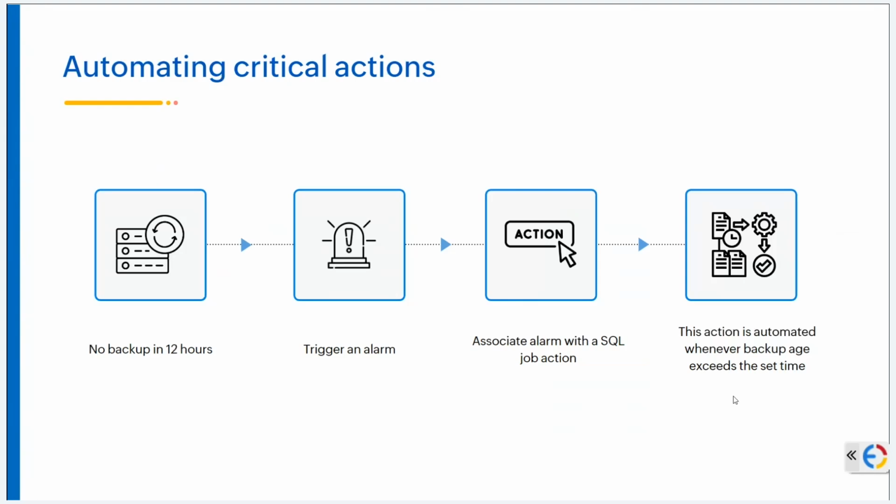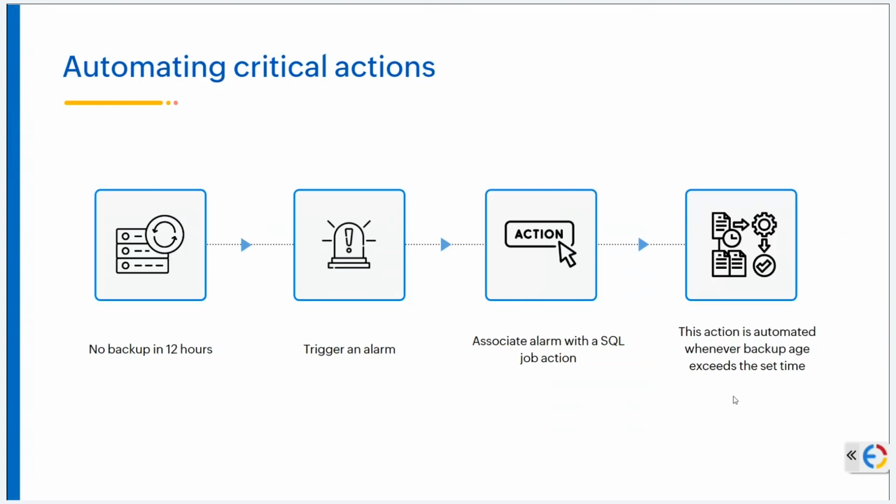So it has automated monitoring. Applications Manager continuously monitors your MS SQL server, which keeps a watchful eye on the backup process. You can also create a custom script within Applications Manager that associates an alarm with a specific SQL job action. So when the backup age of your server exceeds a predefined threshold, say 12 hours, Applications Manager automatically triggers the custom script.